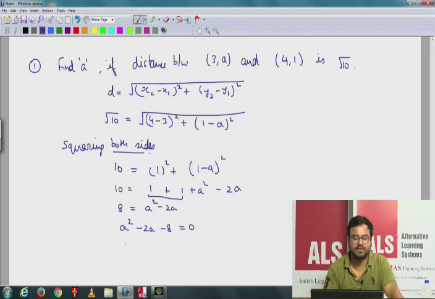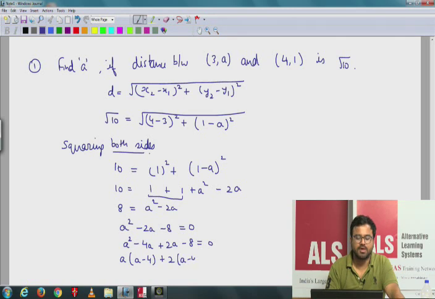So we can write it like this: a square minus 4a plus 2a minus 8 equal to 0, taking a as common, a minus 4, taking 2 as common, a minus 4 equal to 0, taking a minus 4 as common, so a minus 4, a plus 2, that is equal to 0.